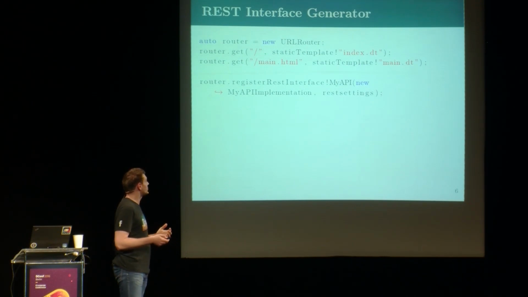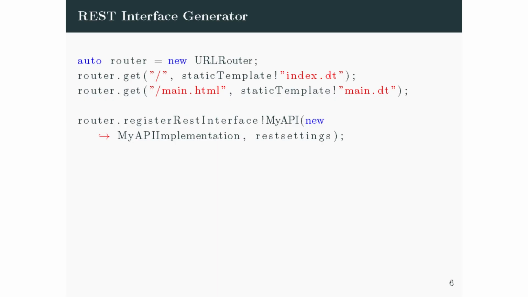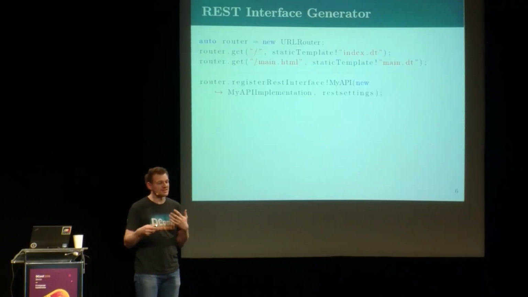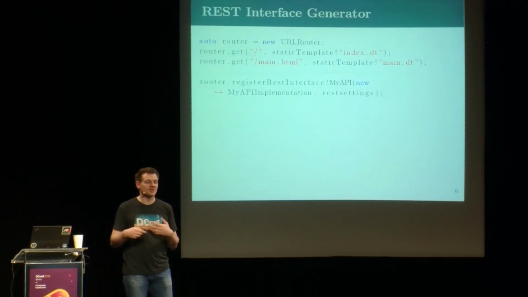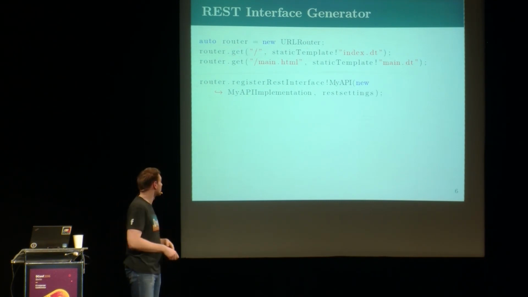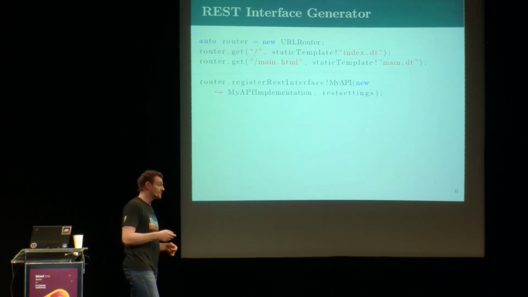And then, of course, you have to do a little bit of scaffolding and stuffing everything together. So there's a router, of course. And there you can also define static templates. And these static templates are basically just template functions where you give a string to a file which contains diet source, which gets translated to HTML, to something you can call and get HTML back. But back to our REST interface.